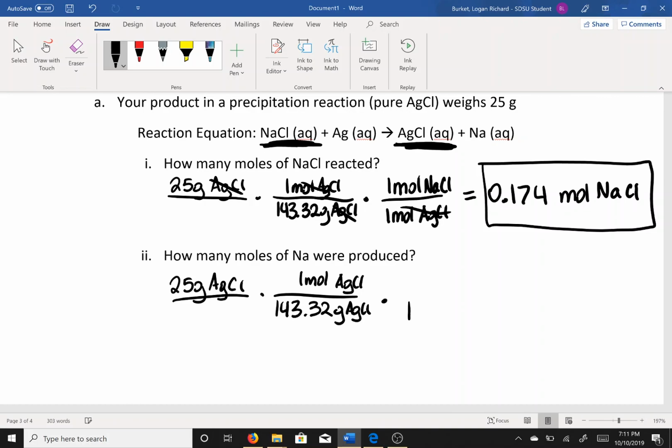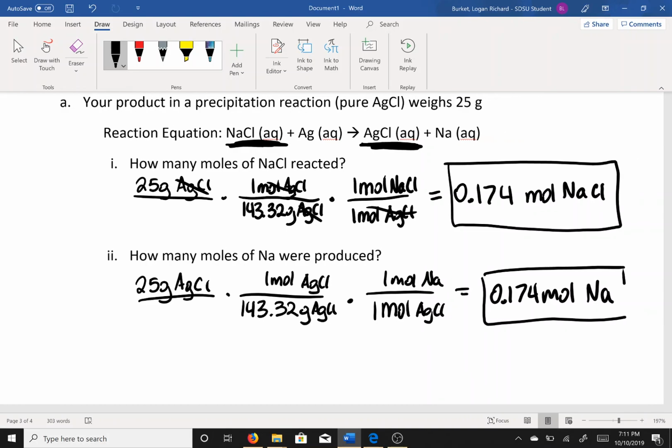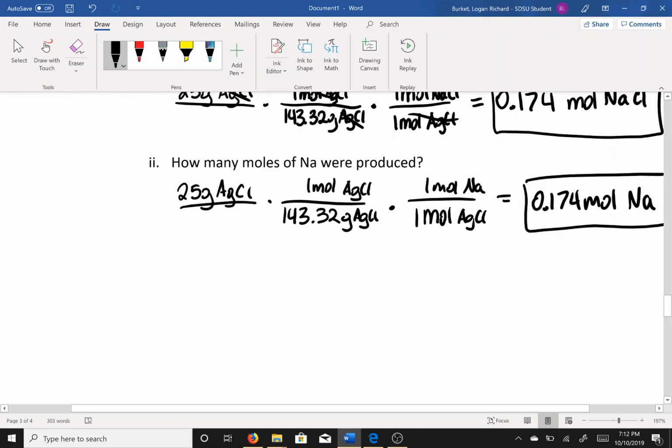And then it is 1 mole AgCl per 1 mole of Na. And so we get the same answer. Oh, I don't know why I drew the box. 0.174 moles Na. There we go. Okay, on to the next one.